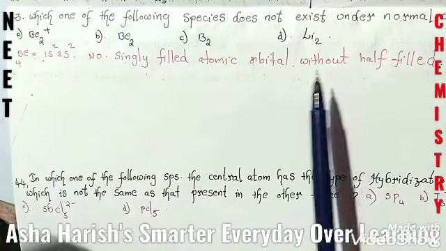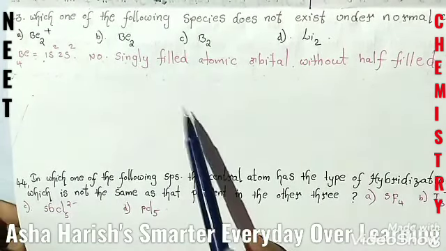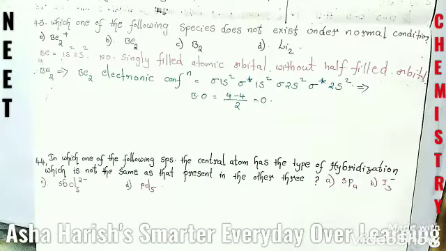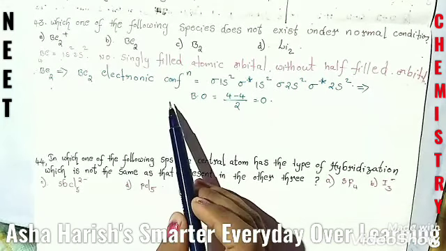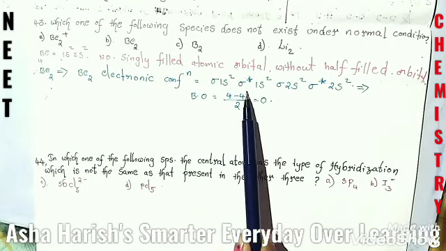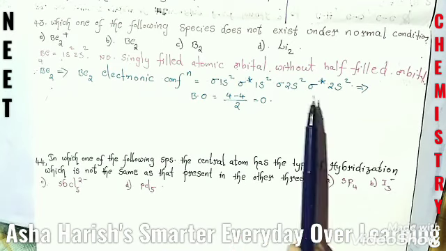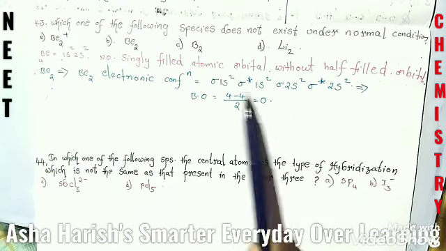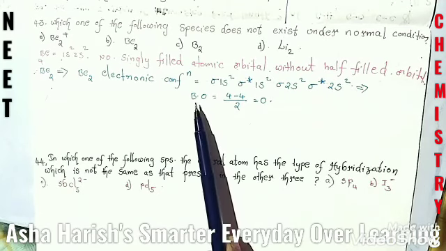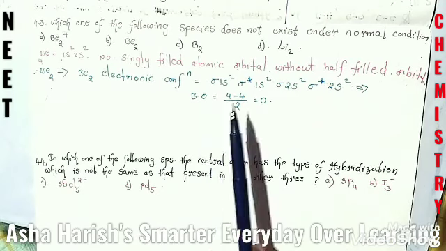Let's go for the next one, option B, Be2. Here there is no ion, only a molecule, that is Be2. Its electronic configuration based on MO theory is sigma 1s2, sigma star 1s2, sigma 2s2, sigma star 2s2. Based on this, we need to find out the bonding orbitals and the anti-bonding orbitals. Then we need to calculate the bond order here.